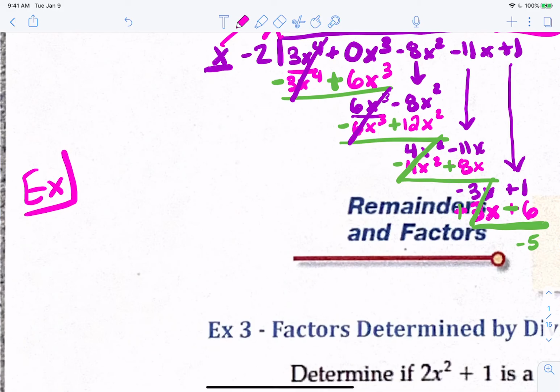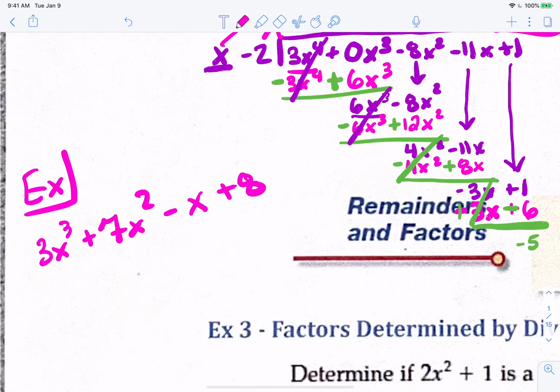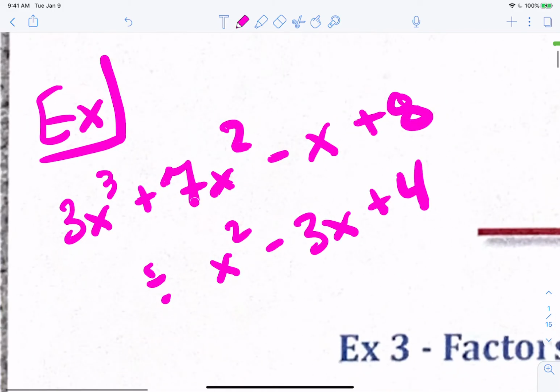Let's say I'm taking 3x cubed plus 7x squared minus x plus 8, and I am dividing by x squared minus 3x plus 4. This problem, I have to use long division, okay?